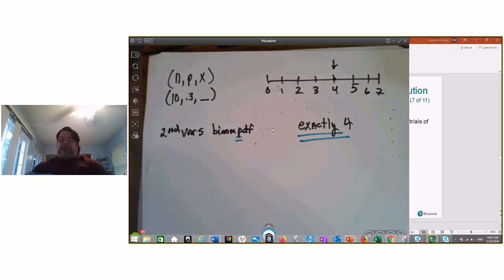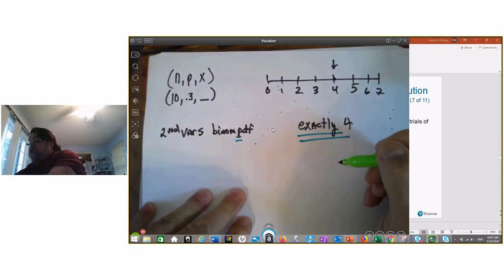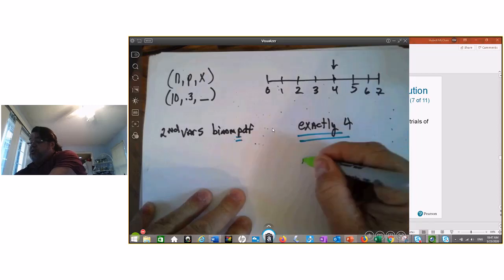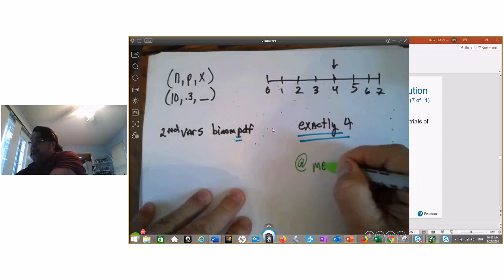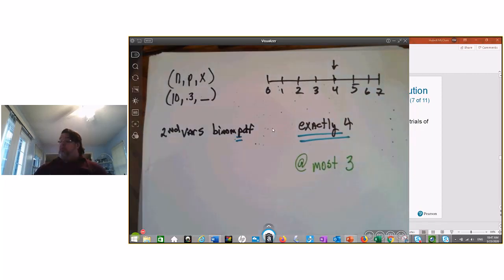I'm giving you the 3 type questions that you might be asked here. One is exactly. The other one is going to be at most 3. Well, what does at most 3 mean?